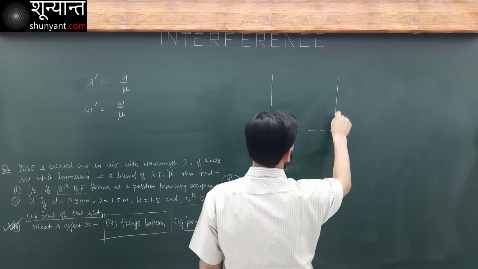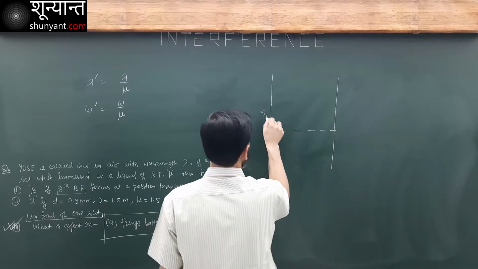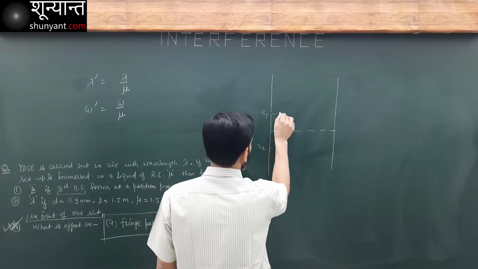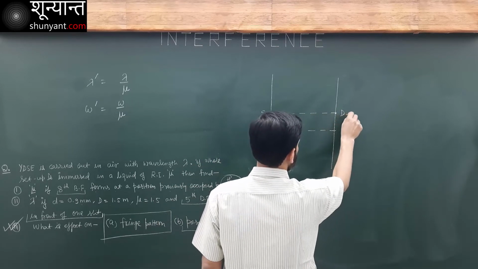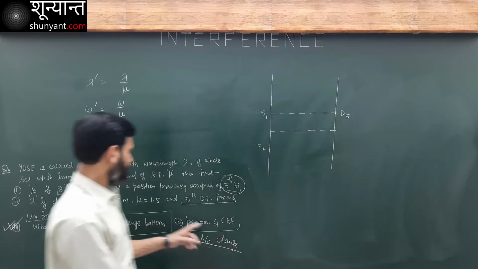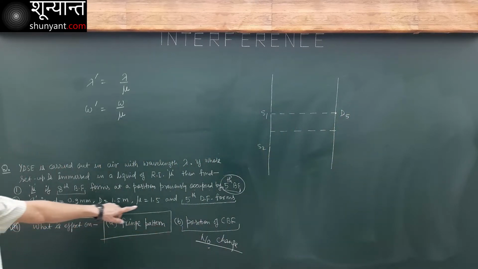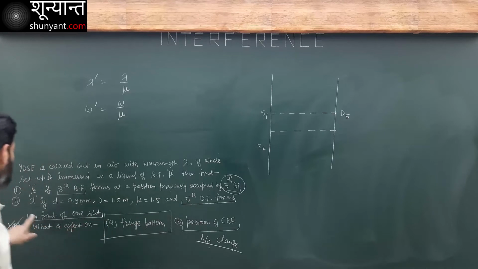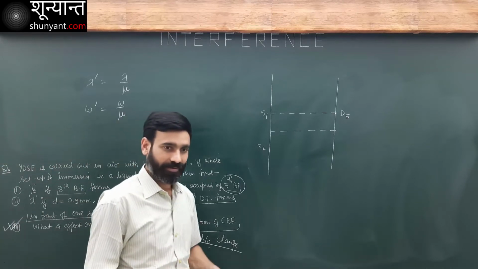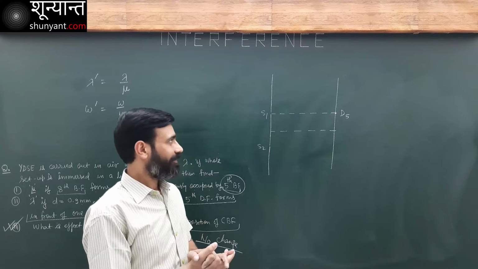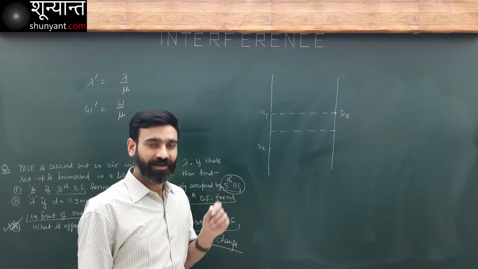In front of one slit, this is my one slit, S1, S2, in front of one slit here, I get D5, the fifth dark fringe. What is the position of the fifth dark fringe?